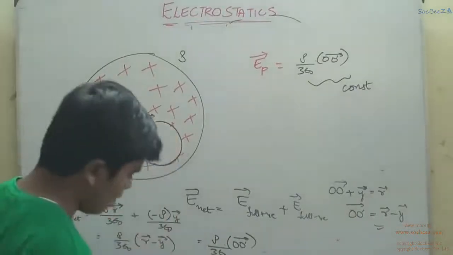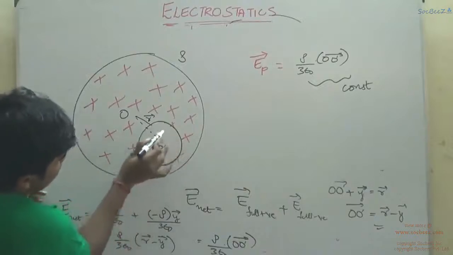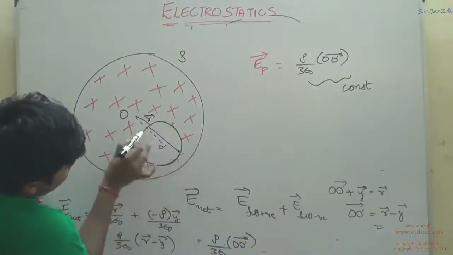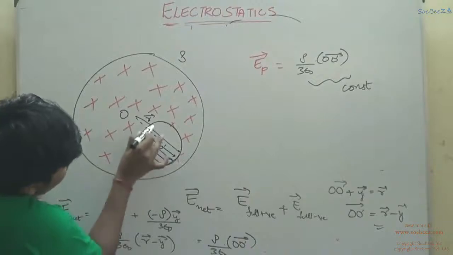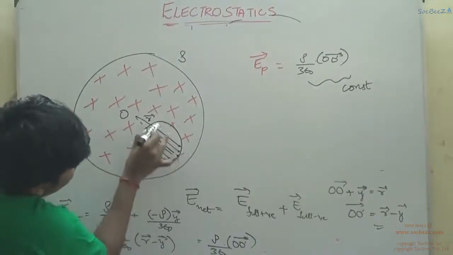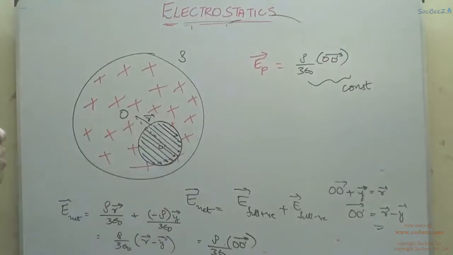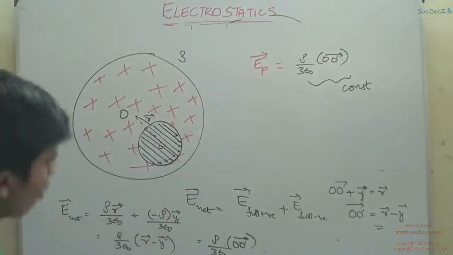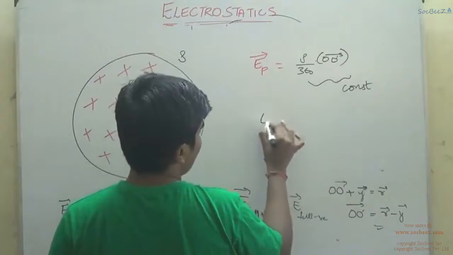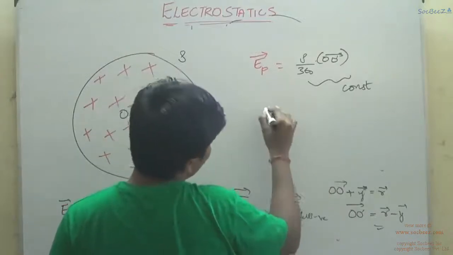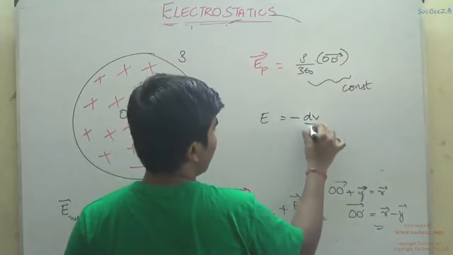Like its direction is... so the electric field inside this cavity is constant, okay? Now further you will learn that this is just a formula to be noted down right now: electric field is equal to minus dV by dx.